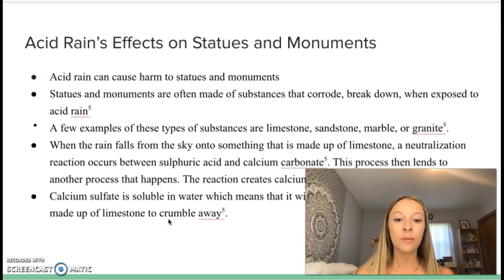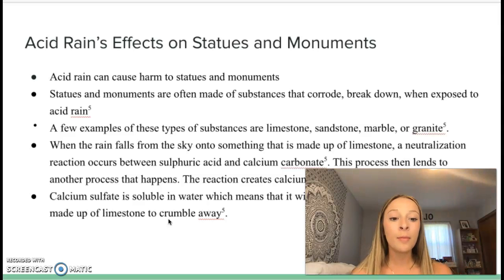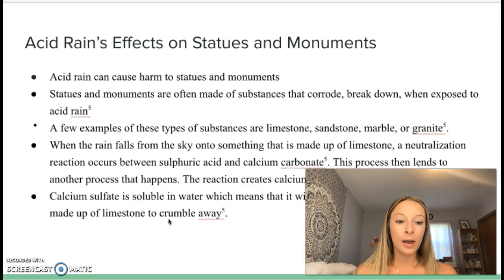Calcium sulfate is soluble in water, which means that it will eventually cause the statue that is made up of limestone to crumble away. This is also true for the other types of substances that I've listed above, like sandstone, marble, and granite. Closely similar, the same process happens, and this is how the statue or monument will eventually crumble away.